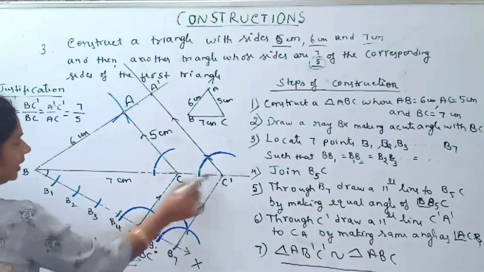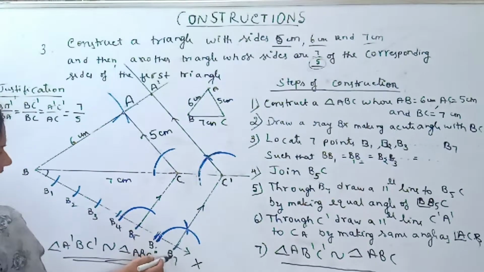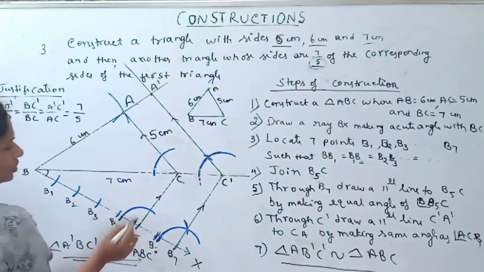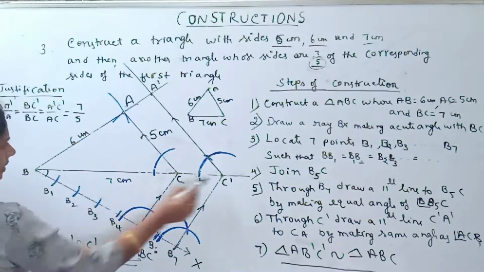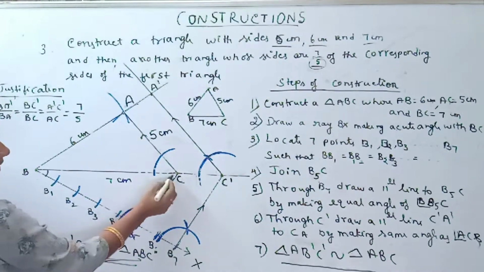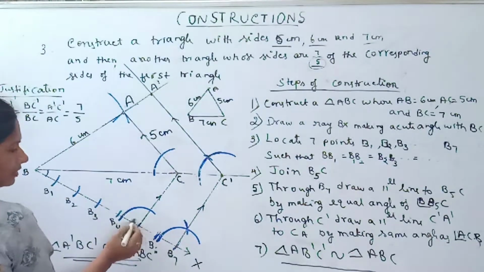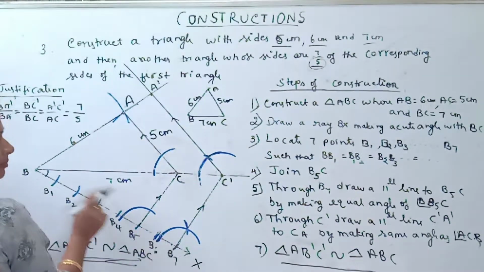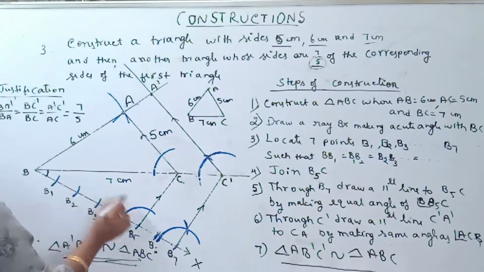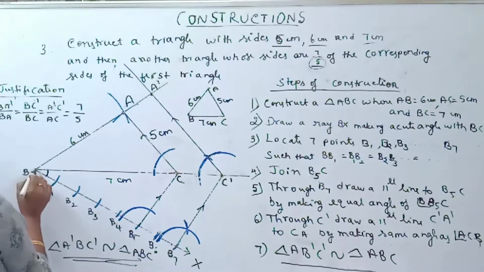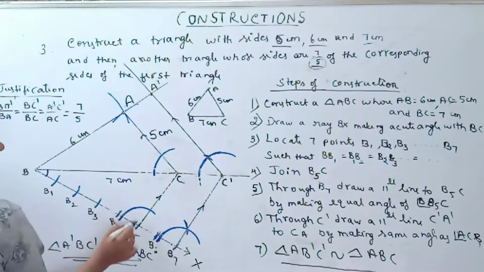Similarly, you take triangle BC dash B7. In these two triangles B5 C and BC dash B7, angle C equal to angle C dash, corresponding angles. Angle B5 equal to angle B7 by AA similarity criteria. Then you can write angle B equal to angle B. Triangle BC dash B7 is similar to triangle BC B5.